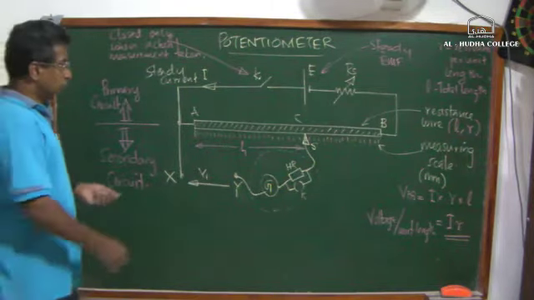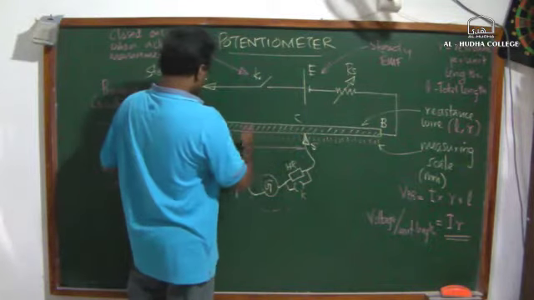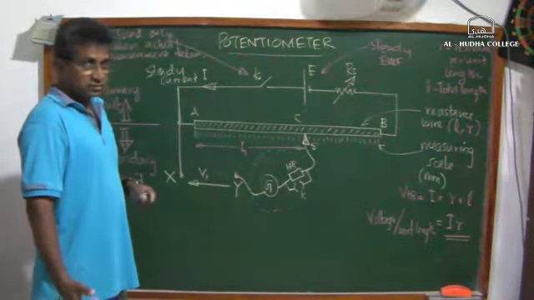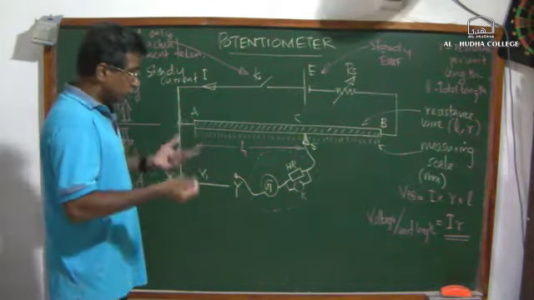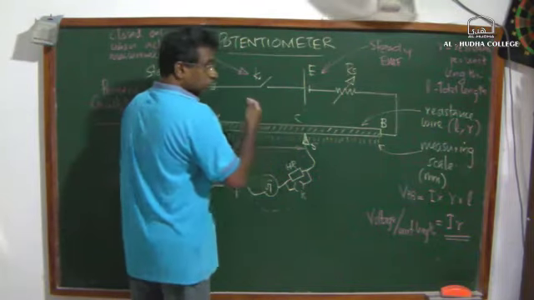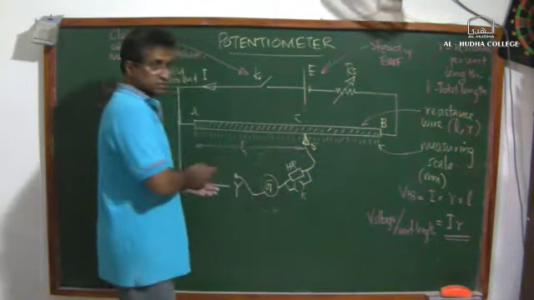Now if you measure any length here, then you can find the voltage in that length. We know the voltage per unit length. If you measure a length, you can multiply that by the length to find the voltage across that length.